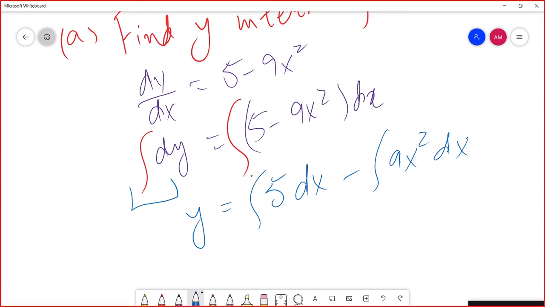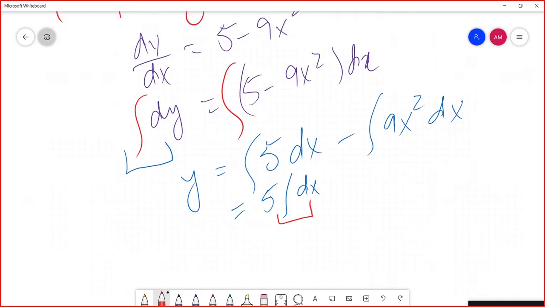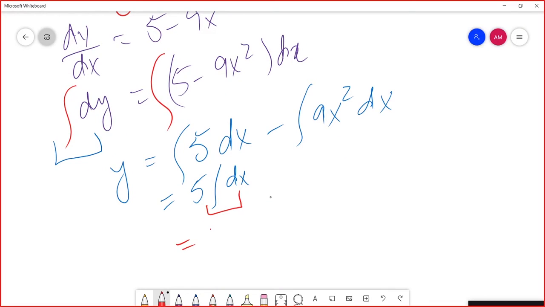Y equals 5x. Because 5 we can take outside, and this integration sign and this differentiation sign would just cancel each other, so we are left with only 5x.